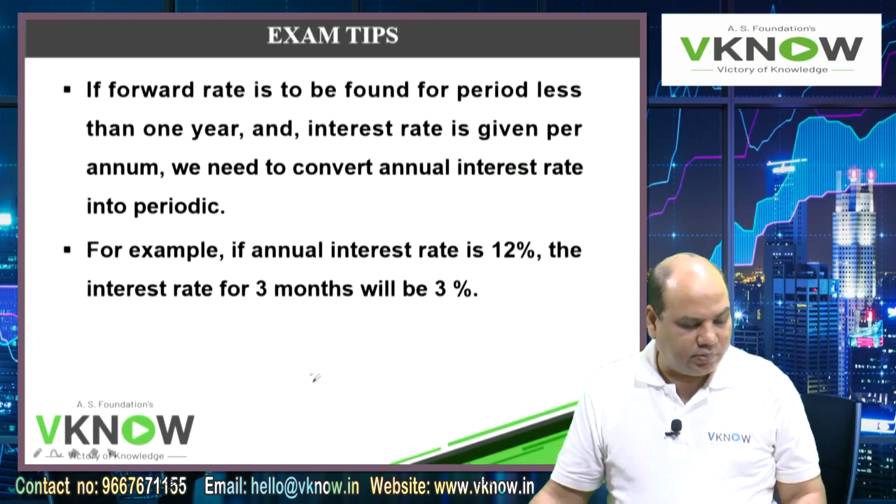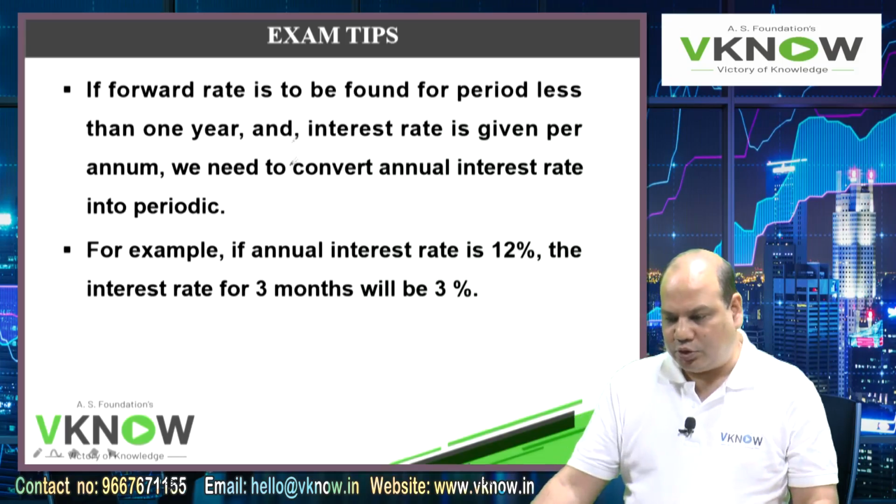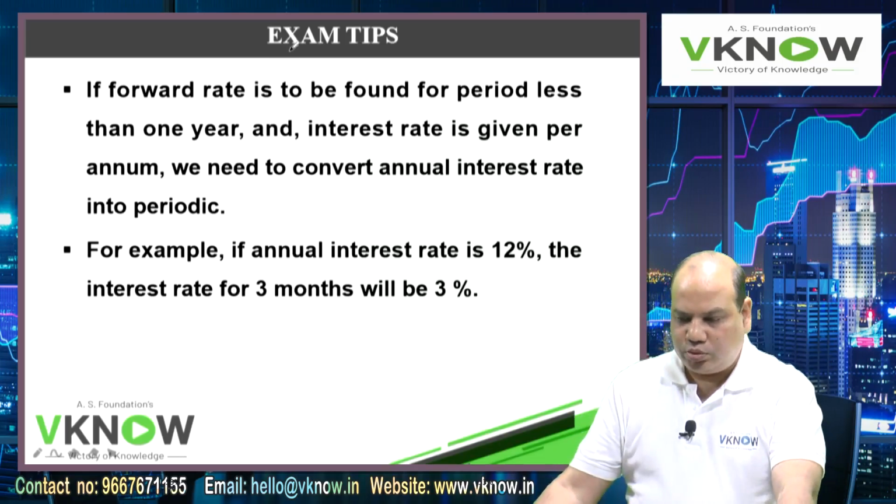Now some exam tips for you. This is a highly tested area in the exam, and the knowledge of interest rate parity is required to solve other questions also. So I am going to invest some more time on this.